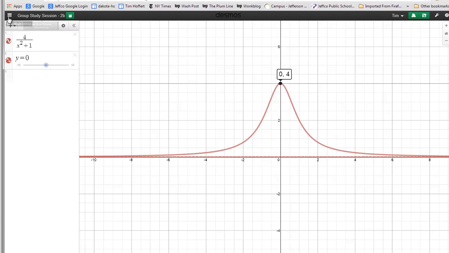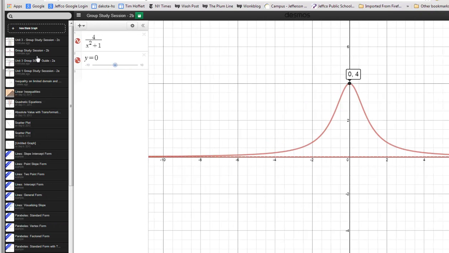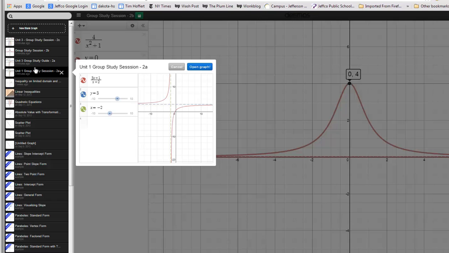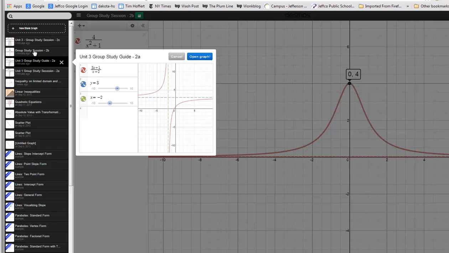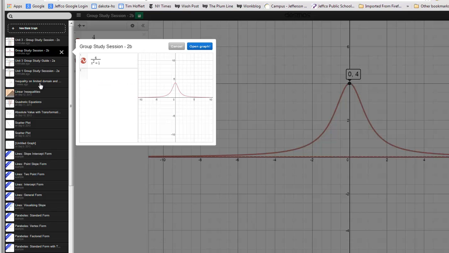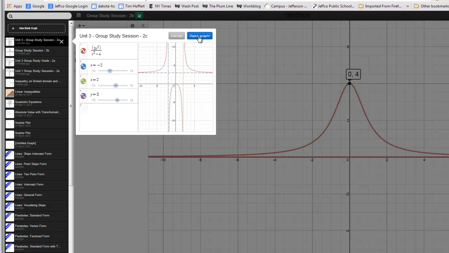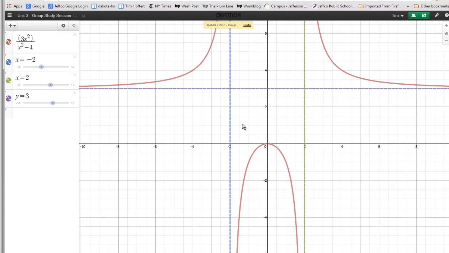Take a look at that graph. That was 2c. Is it this one? No, this one. No, this one. I thought I had this. There we go. And here you can see this is the graph up here of 3x squared over x squared minus 4.